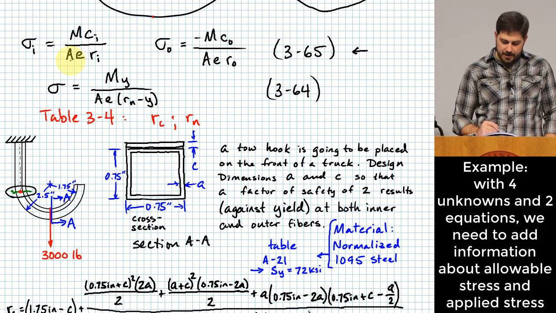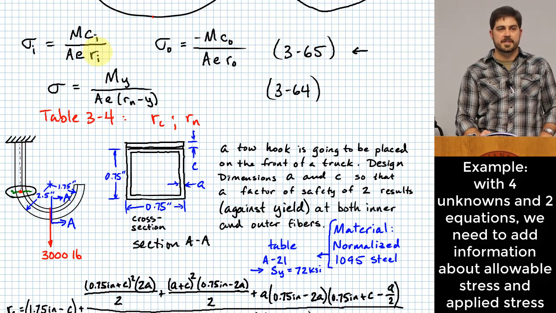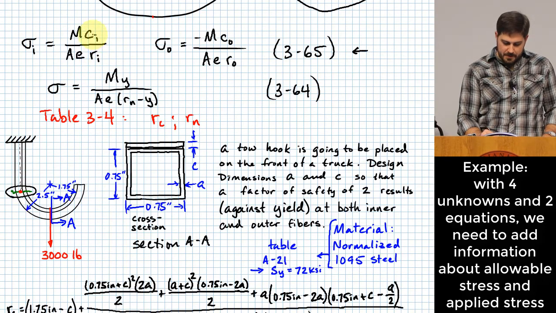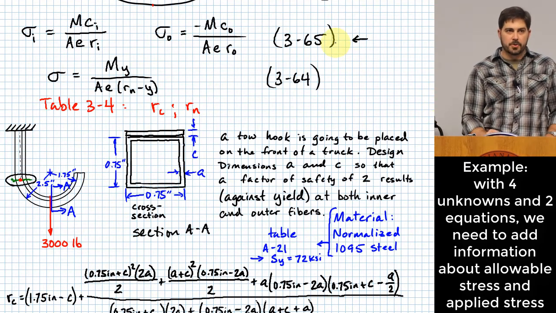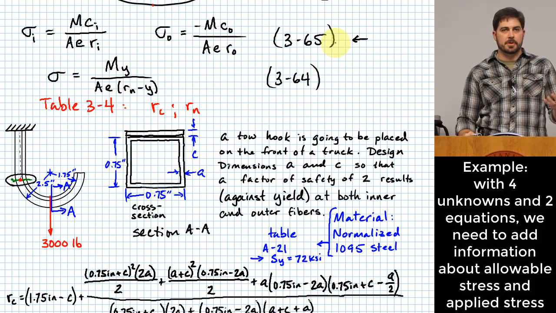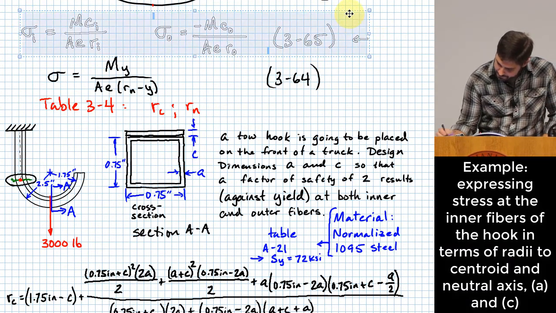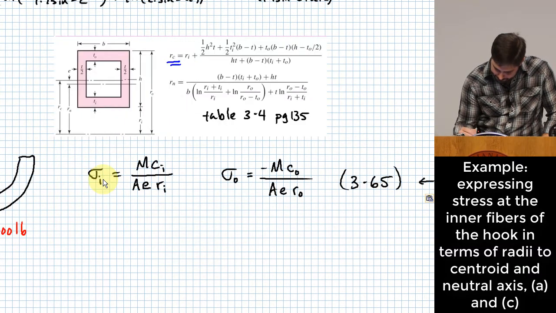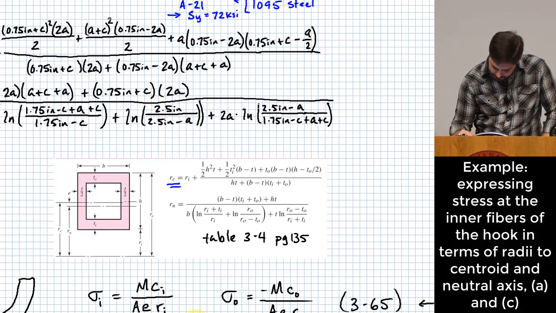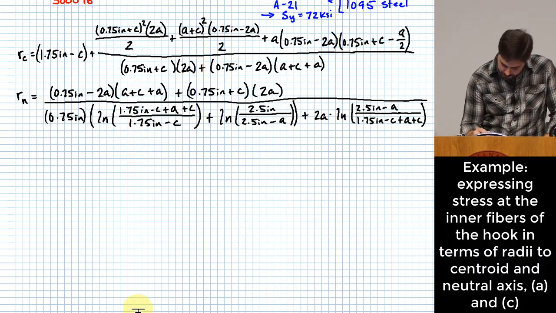A is just the cross-sectional area, which is also something we can express. R sub I we've been expressing in terms of C and A, right? C sub I and C sub O are also values that we can find. So in other words, we can use these 2 equations without adding any more variables, and we end up with a system of 4 equations and 4 unknowns that we can solve. All right? I'm going to grab these, copy them, and we'll do these down here. Actually, I'll put them right here.